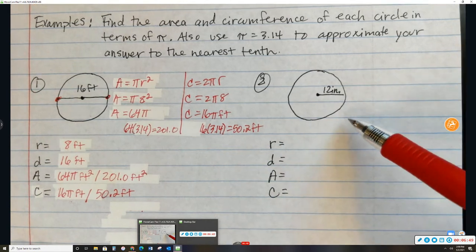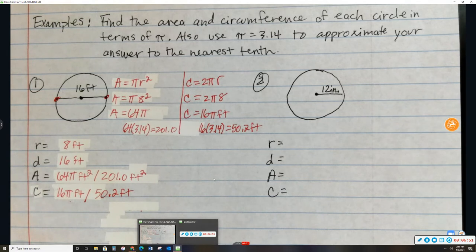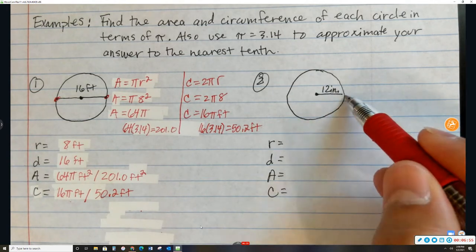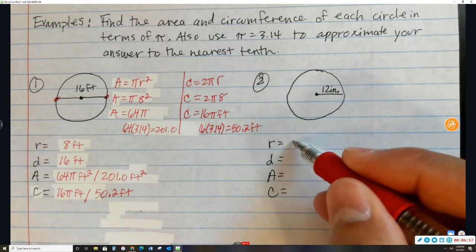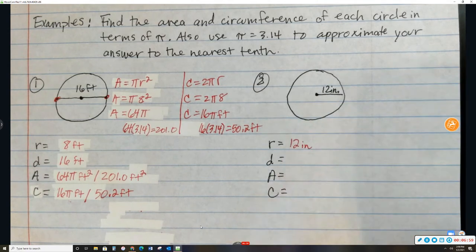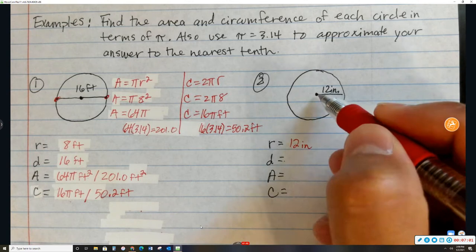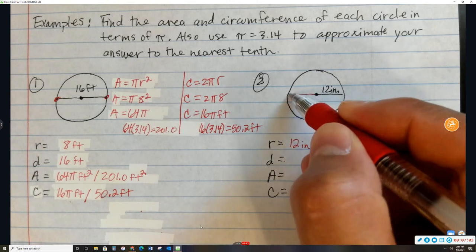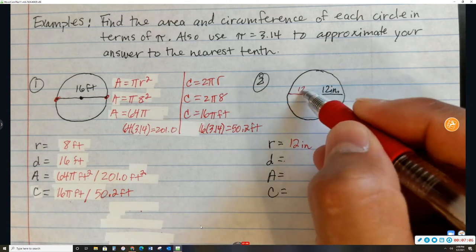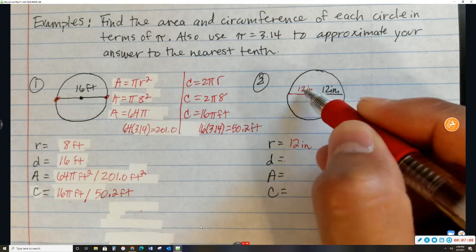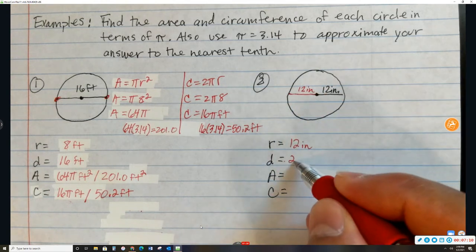So if you look at number 2, the diagram, this is the radius. The radius is 12 inches, and then the diameter, imagine if you extended it all the way across, the diameter is double that. So 12 and 12 make 24 inches.